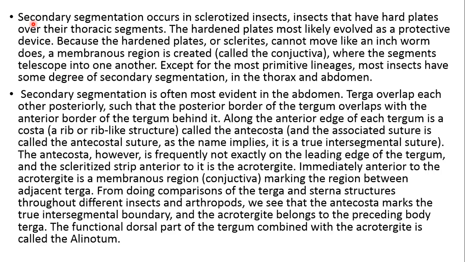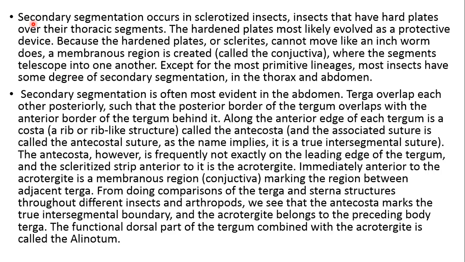The antecosta, however, is frequently not exactly on the leading edge of the tergum, and the sclerotized strip anterior to it is the acrotergite. Immediately anterior to the acrotergite is a membranous region, the conjunctiva, marking the region between adjacent terga.